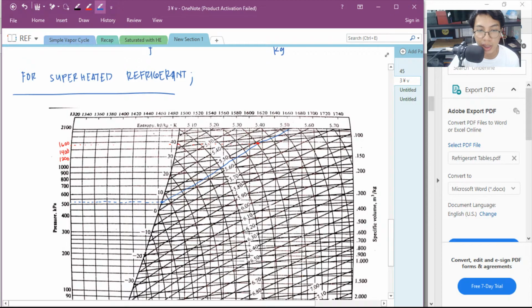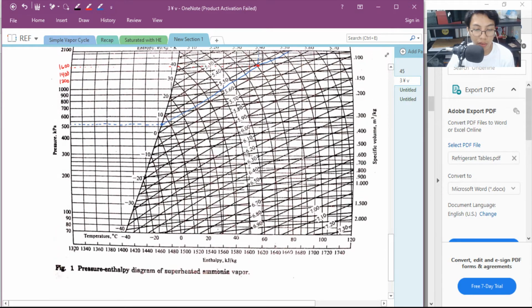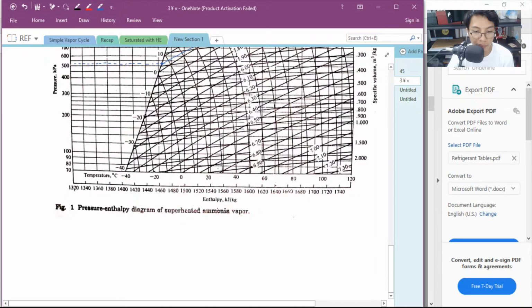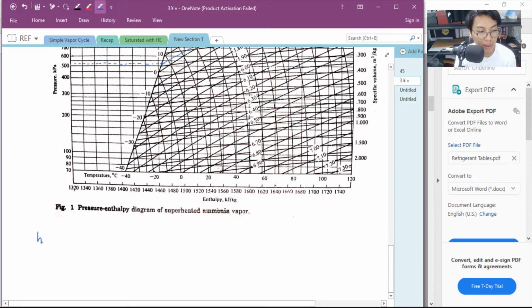Saan siya pinakamalapit? 1618 na lang. Makikita naman natin system balancing yan kung tama. Therefore, the H2 will be 1618 kilojoule per kilogram.